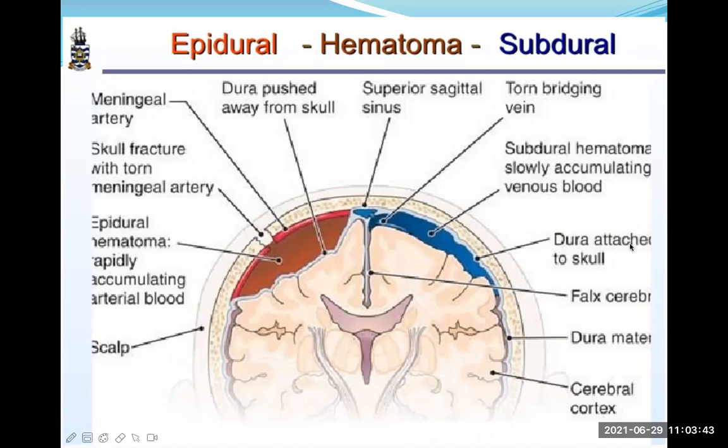There's no doubt, if your teacher asks you which is more serious, always choose epidural or extradural hemorrhage as more serious, because we don't have enough time to save this patient. We have a little bit more time to save a subdural hemorrhage because it is not a very acute type of presentation. But nevertheless, both should be treated.